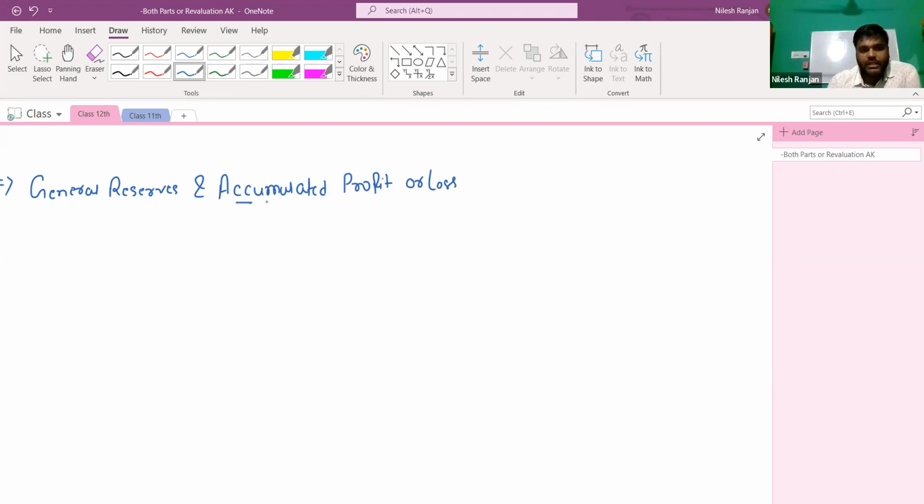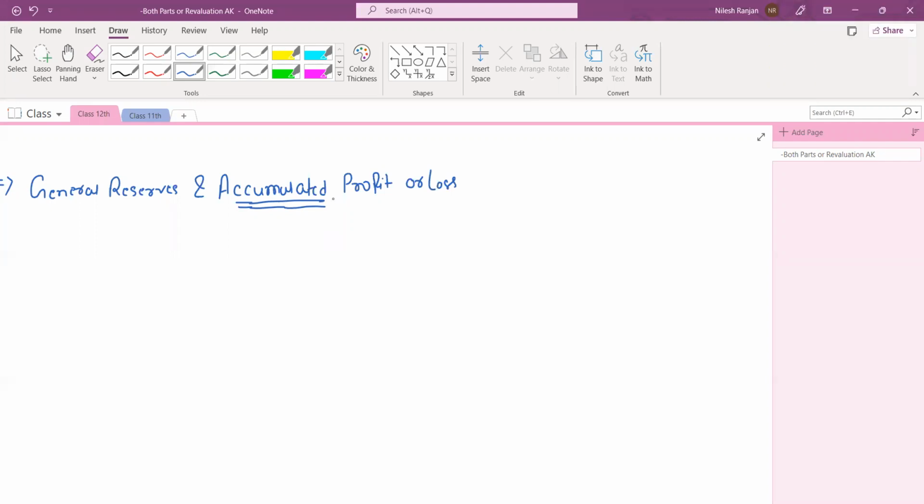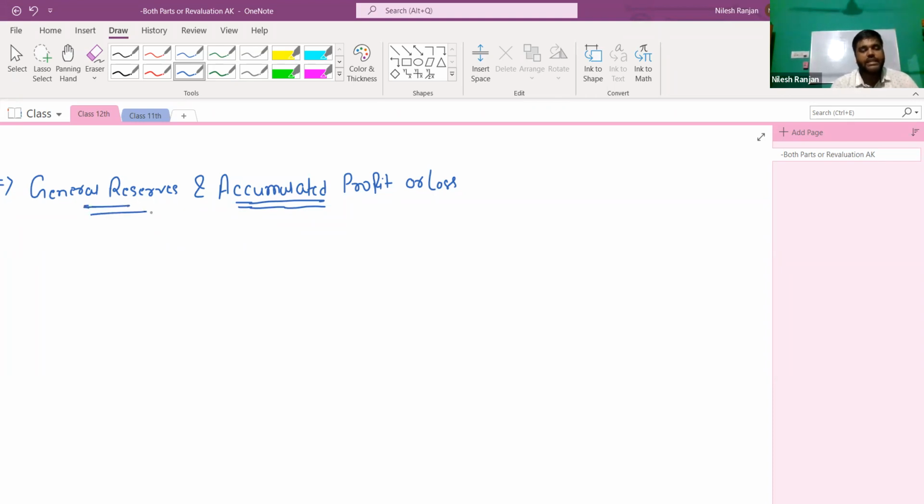What is accumulated profit? That is profit of 2 or 3 years which is not distributed between partners. That is called accumulated profit. And the general reserve is a special reserve which is prepared for any uncertainties. So both of these are also profit.